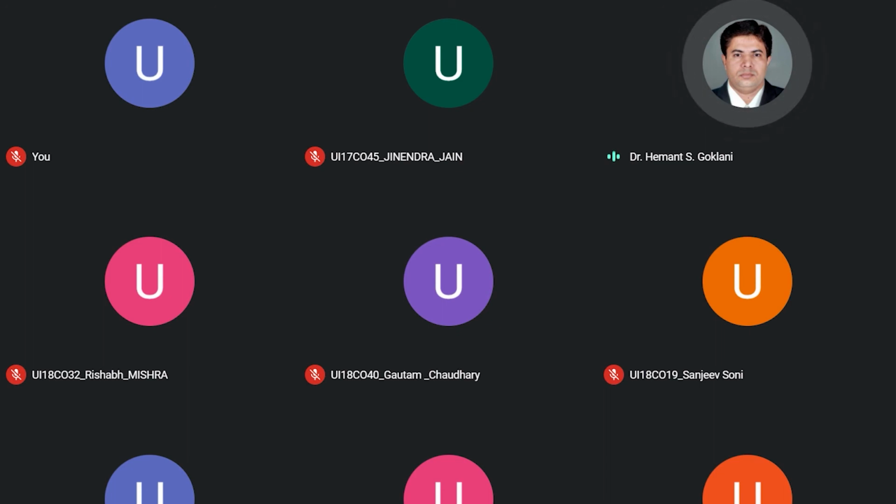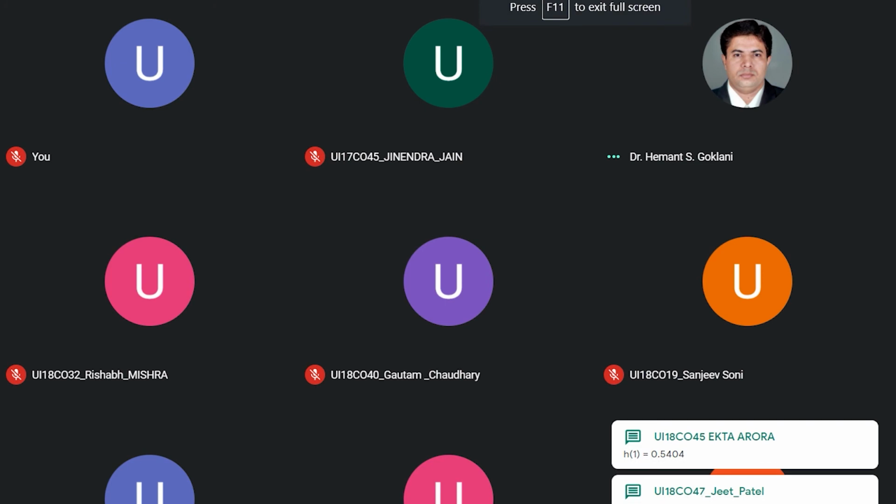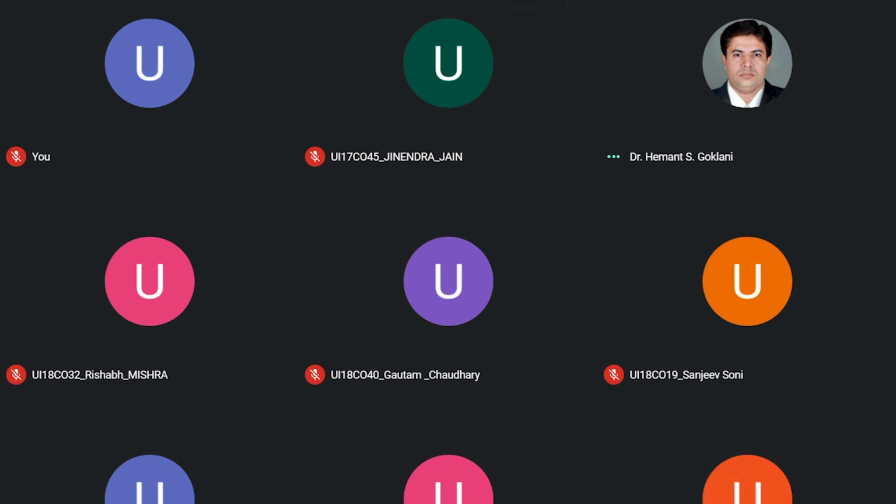Any of you calculate the value of the coefficients of the Hilbert transform? Please share the answer. What will be the value for H0? Sir, getting positive. Then check your answer, it is not correct, Sanjeev. I will share the answer at the end. Okay, H0 is equal to 0 for this example of Hilbert transform. H1 is equal to 0.5404. Okay. Calculate H2, H3 and H4.